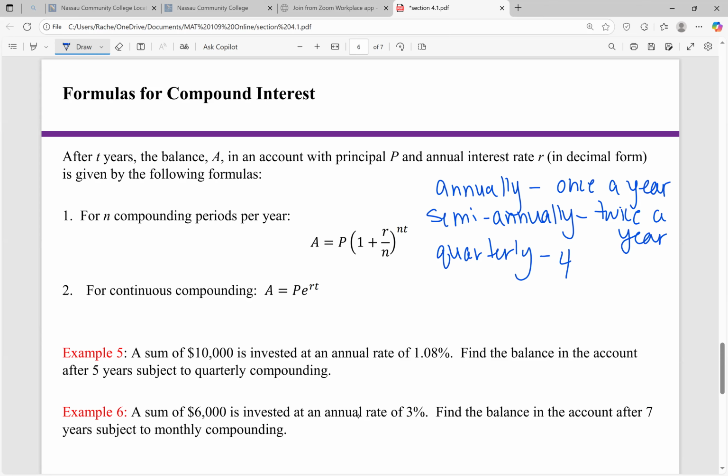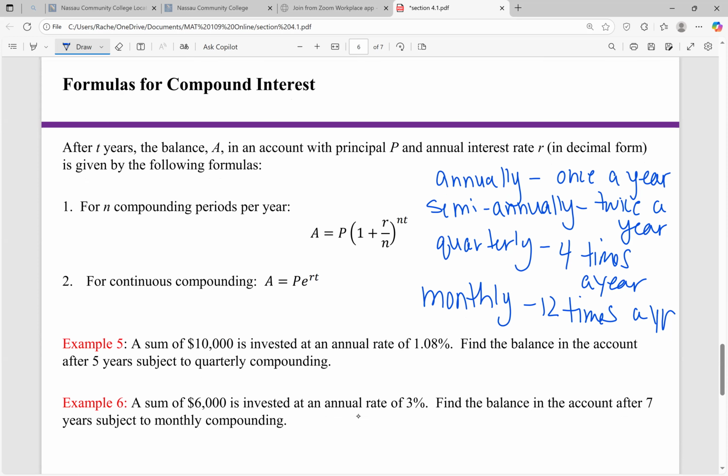Quarter means 4 times a year. We might want to calculate interest monthly, which would be how many times a year? That would be 12, because there's 12 months in a year. So think of the compounding period n as how many times per year we are going to calculate interest.